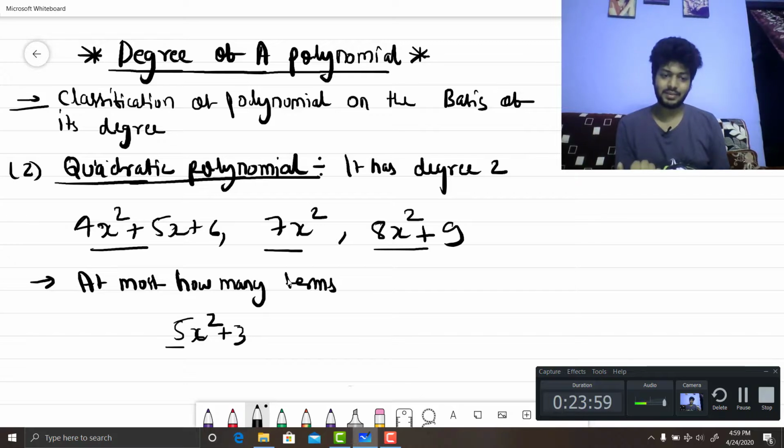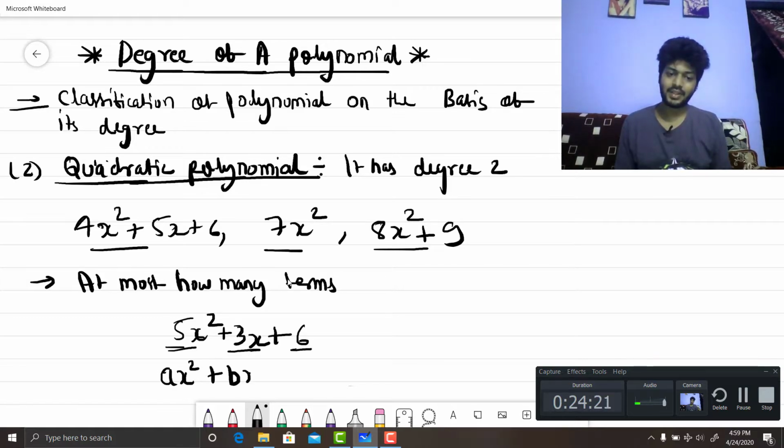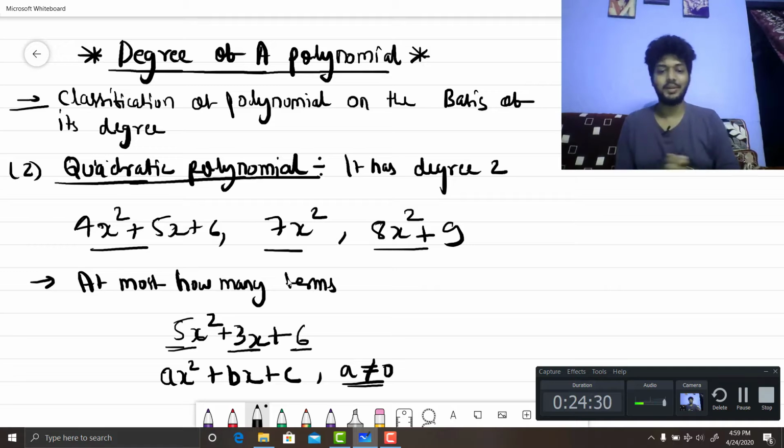Suppose we add 3x. Now we have to remove this variable also. Suppose we add 6. Now we can't add any more terms. If we add any more terms without changing the degree, they are just going to combine and we'll get this form always. So this makes the general form of a quadratic polynomial ax square plus bx plus c, and again the condition is that a should not be equal to 0, because if a becomes 0 then the polynomial ceases to be a quadratic polynomial.